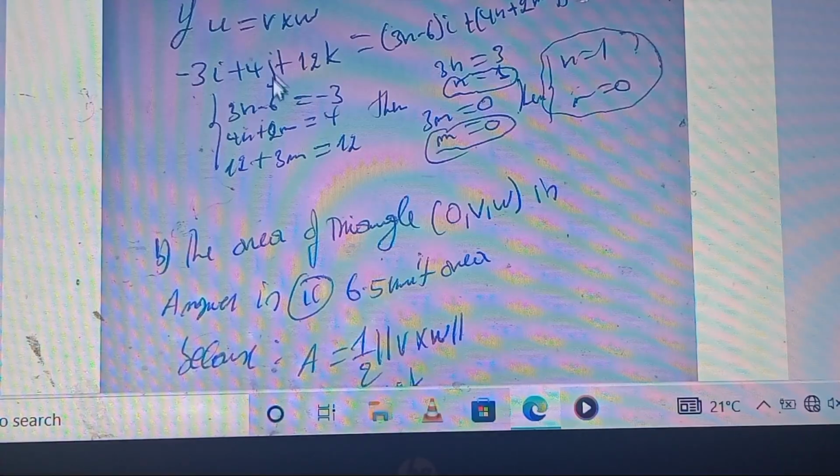The coefficient of j here is equal to the coefficient of j there. The coefficient of k here is equal to the coefficient of k there. That is what I do. After that, it helps you find the value of N and the value of M. Here, M is equal to 0, N is equal to 1. That is what I say. Meaning the correct answer is I.